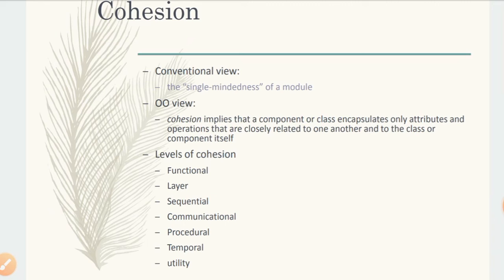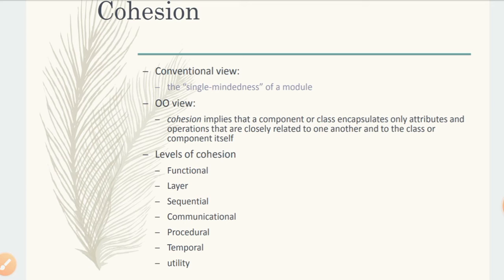If it is the object oriented view, then cohesion implies that a component or a class encapsulates only attributes and operations that are closely related to one another and to the class or the component itself. That is, the object oriented view consists of the view which is closely related to your attributes and operations. That is only the view of your PC and the view of your printer. You need the PC or the printer for giving the print of your document.